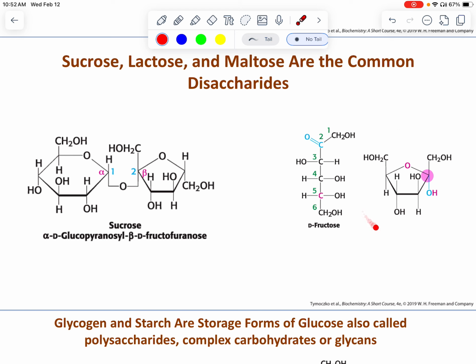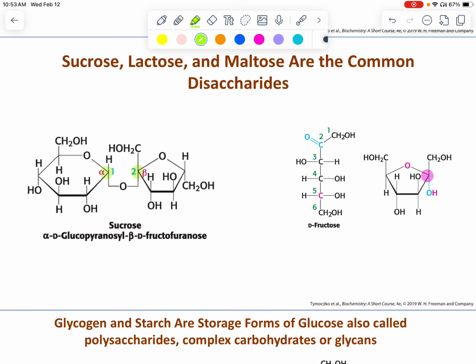Let's compare this whole thing to what we have here. And what you'll see is that the one that has just the hydrogen is here. Essentially, we've had to flip this to form this bond. And what we see is that the anomeric carbon for the molecule on the left, the glucose, is forming the bond, and this is the anomeric carbon for the one on the right.